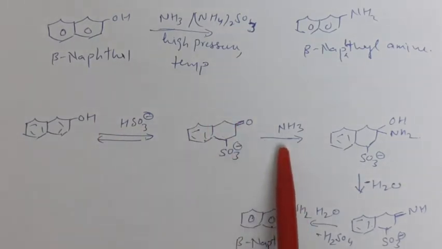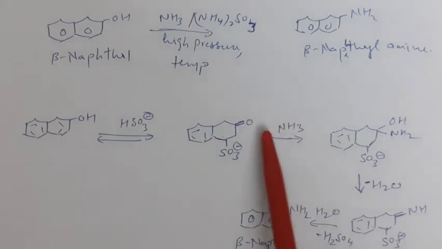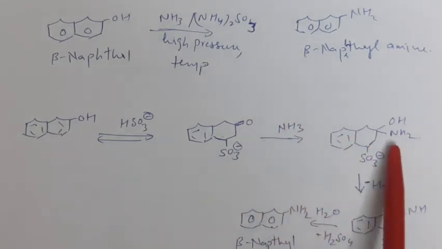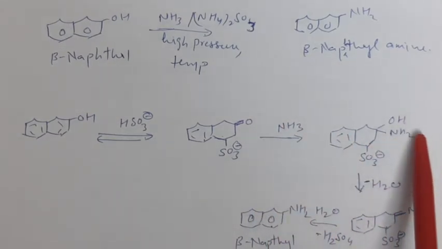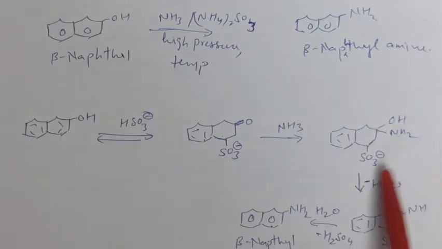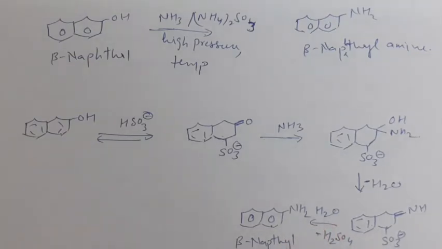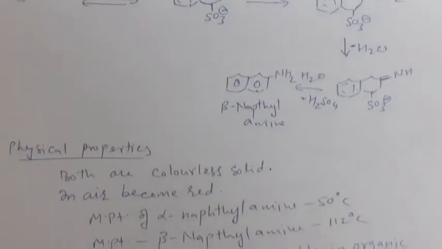This reacts with ammonia. A water molecule is removed and the NH2 group is attached on the same carbon where the OH group was attached. It is reactive and eliminates a water molecule. We get this ion, and in the presence of water, sulfurous acid is eliminated and we get beta naphthylamine. This is known as the Bucherer reaction. So these are the syntheses of naphthylamine.